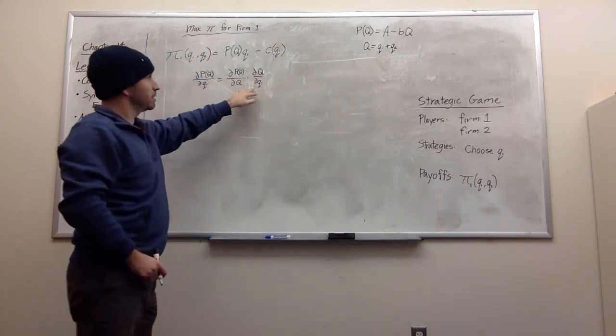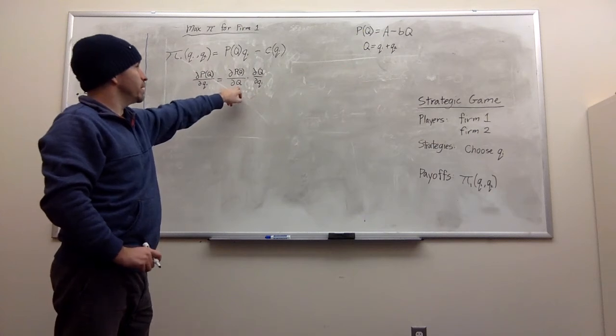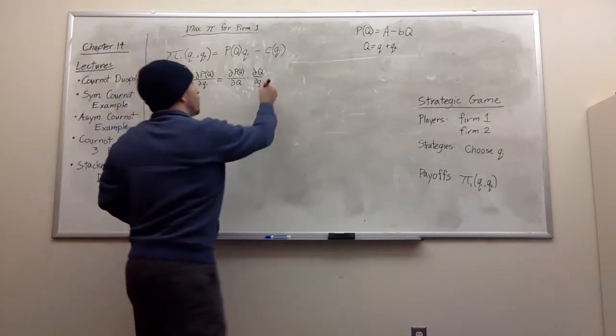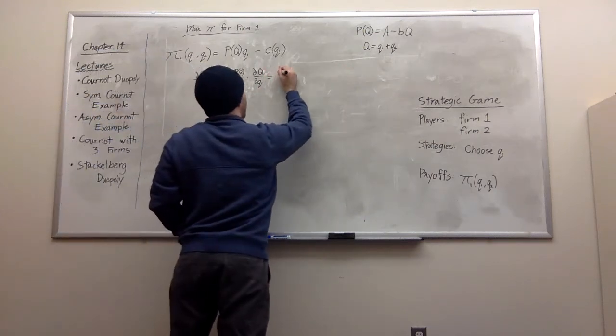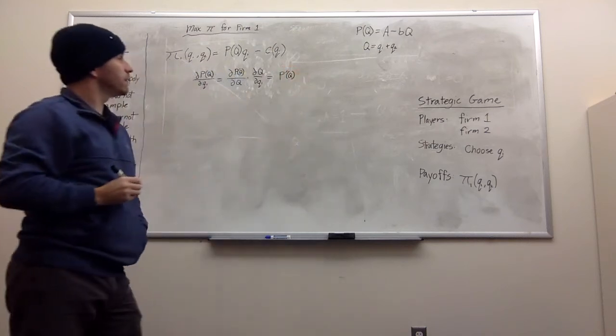So this product is just equal to the derivative of P of Q with respect to big Q, or P prime of Q, right?